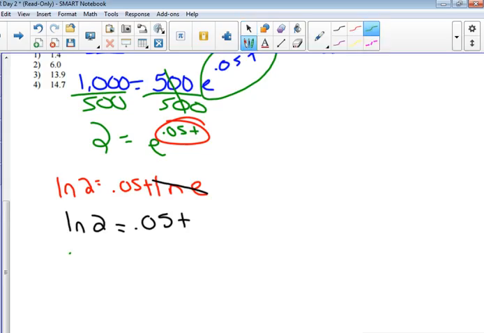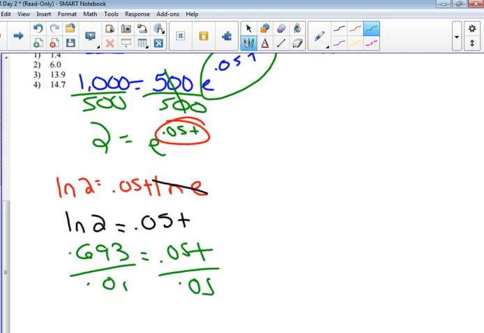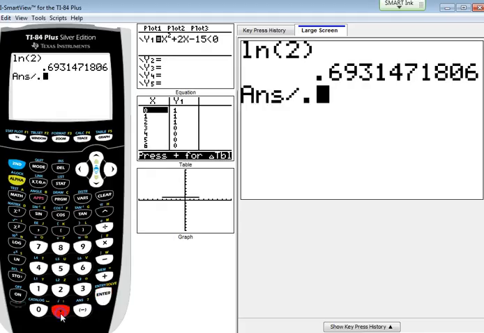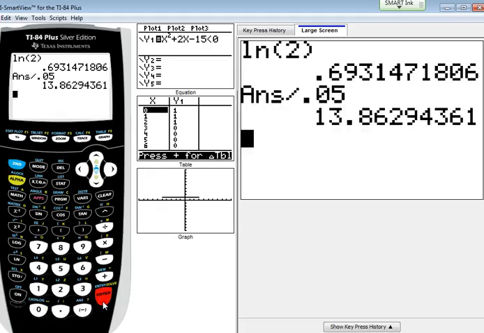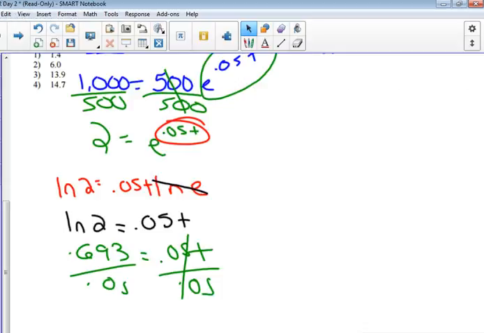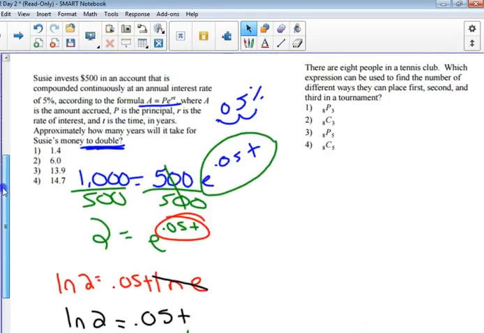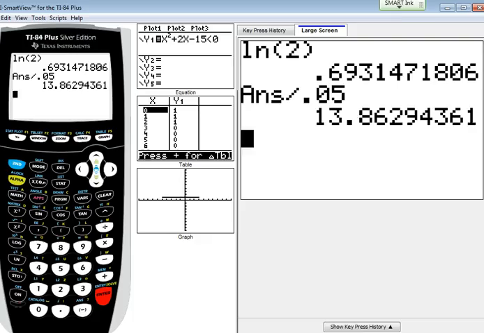And divide by 0.05. Great. And let's see, I think they have some rounding here: to the nearest tenth of a year. Good, so 13.9. Awesome.